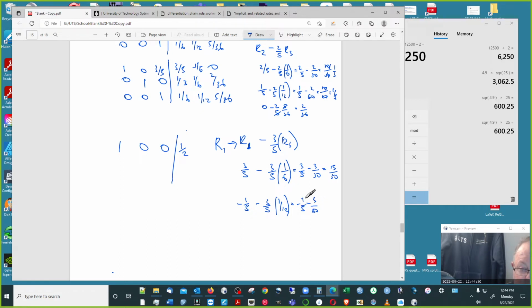So it's going to be minus 12, so minus 15 over 60, which is minus 1/4. And finally it's going to be 0 minus 3/5 of 5/36. So 3 goes into that 12 times, so minus 1/12. And that's our inverse.